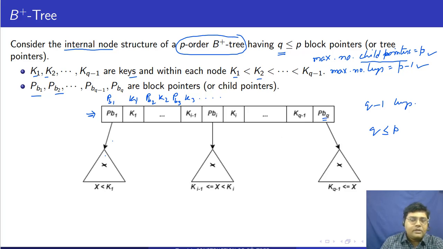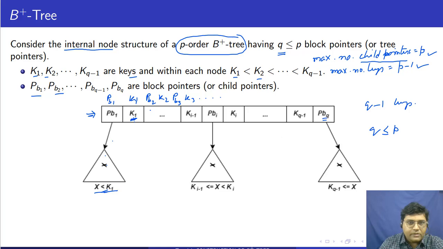Additionally, we have some more rules for placing the keys inside a B plus tree. What is that? Any key which appears as a left child, or in the left subtree of k1, must be less than k1. So any key on the left subtree of k1 must be less than k1.